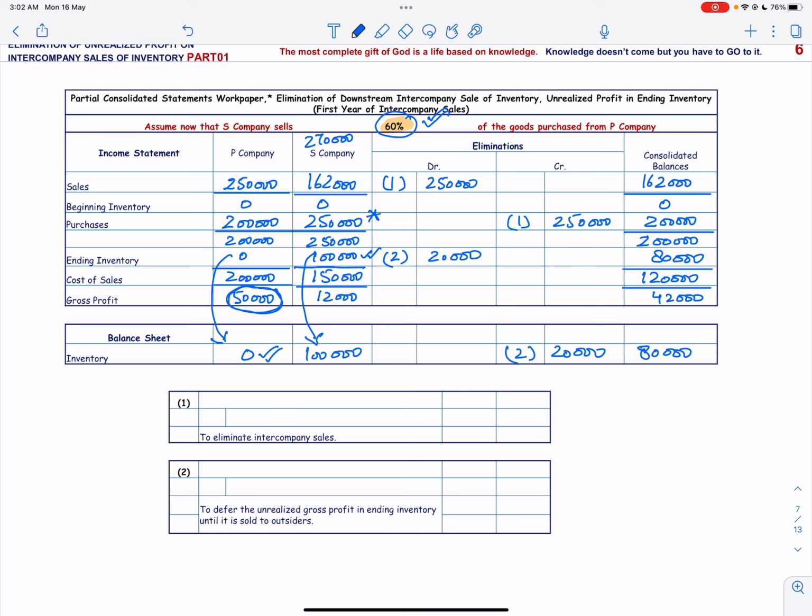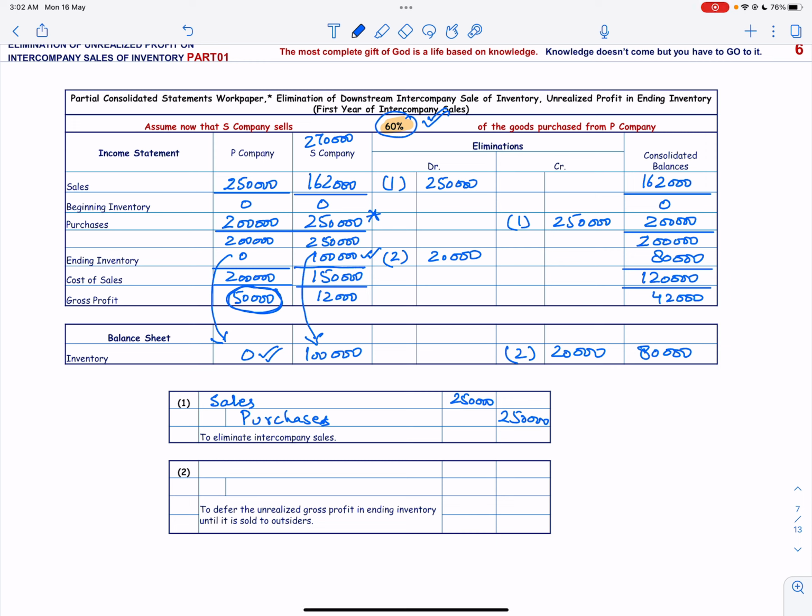The elimination entries will be sales debit by 250,000 and purchases debit by 250,000.